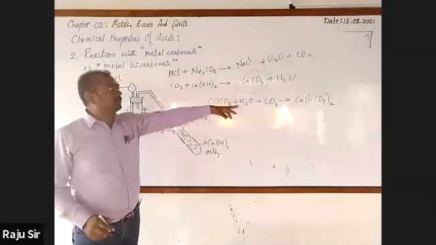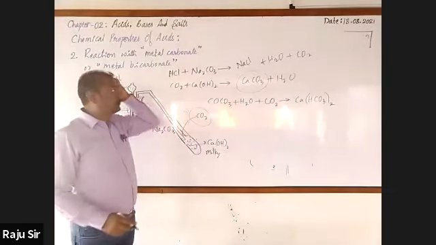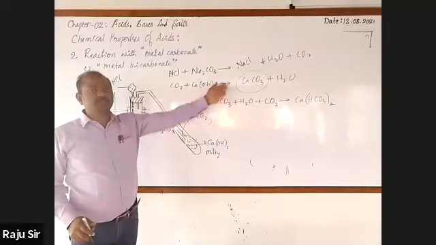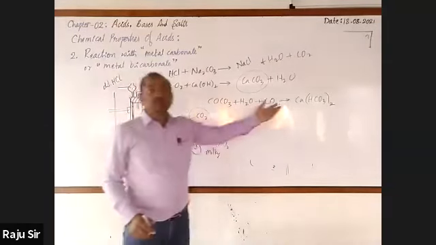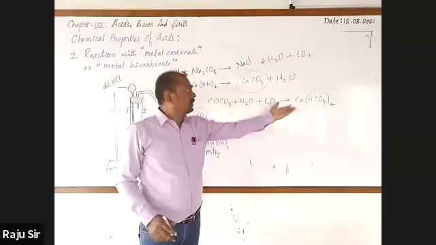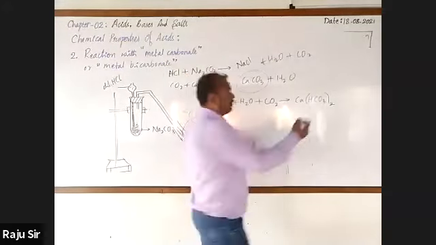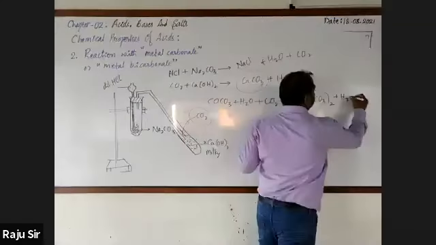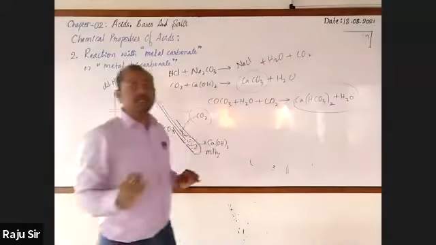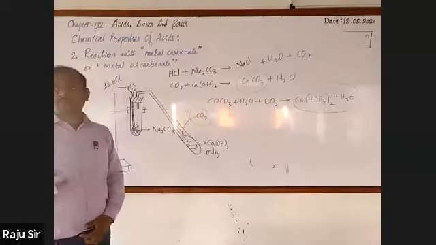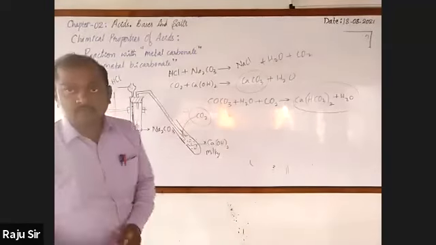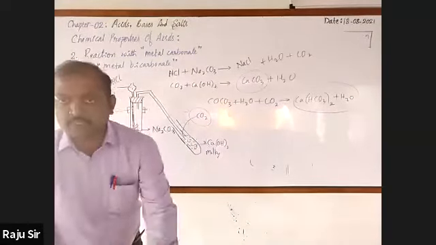When an excess amount of carbon dioxide is passed into the solution, it produces calcium hydrogen carbonate, which is dissolved in water. Then we get a clear solution. Follow? Now, again, you'll go for drawing the figure.